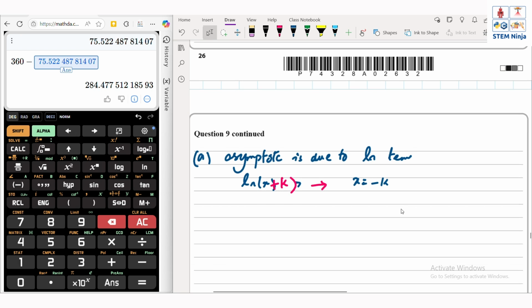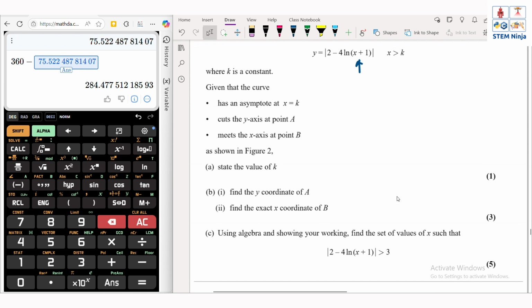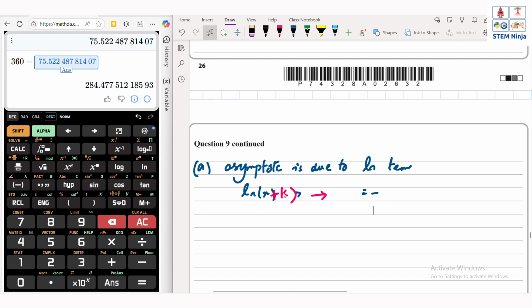Oh, sorry, they gave us 1. Sorry, my bad. So x plus 1. So therefore that means k is equal to minus 1.